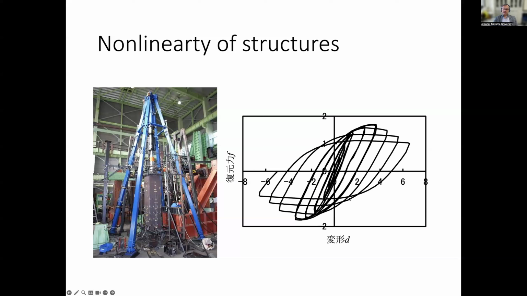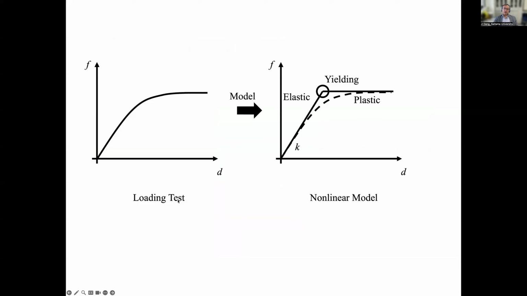So some hysteresis curves are of a rounded type, right? In the real loading test, we first simplify this model using monotonic loading, just pushing over in one direction.